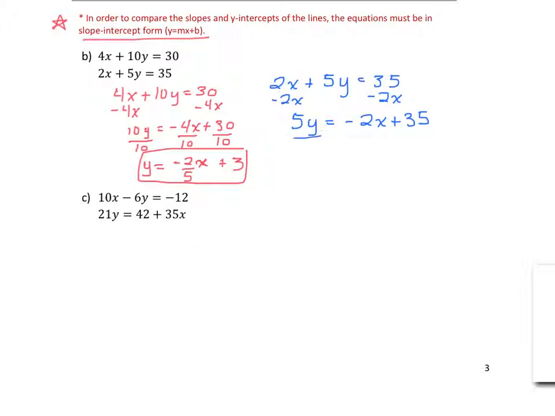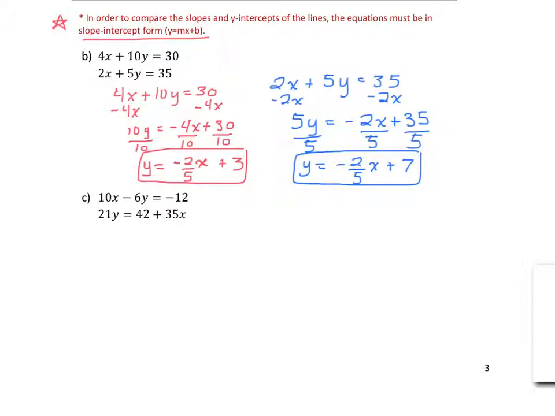And then divide both sides by 5 to get y equals negative 2 over 5x. And 35 divided by 5 is 7, so we got plus 7 on the end. All right, so in this equation, we see we have a slope of negative 2/5, and a y-intercept of positive 7.